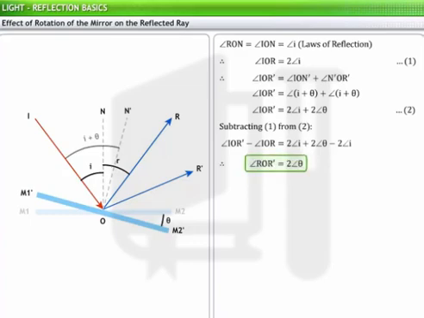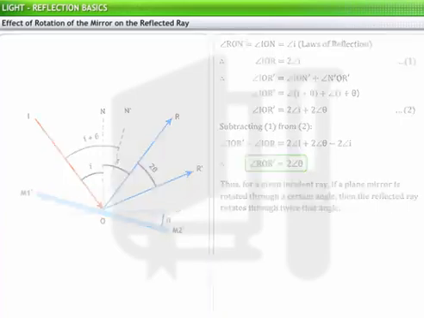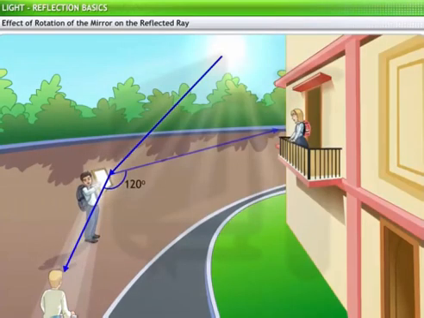Therefore, angle ROR' is equal to 2 theta. Thus, for a given incident ray, if the plane mirror is rotated through a certain angle, then the reflected ray rotates through twice that angle. Hence, for the given problem, if the child has to direct the rays to a person standing 120 degrees apart, he has to rotate the mirror through an angle that is equal to half of 120 degrees, that is 60 degrees.